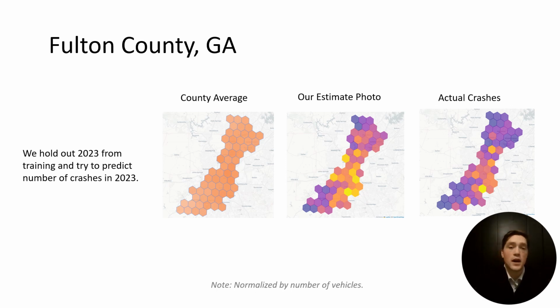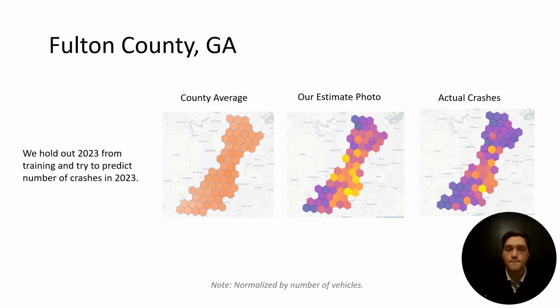Then we make a prediction on what 2023 will look like, which is our prediction right there, the middle image, and the actual crashes that you see. Now, in this, we normalize by the number of vehicles, and you can see our prediction very closely matches the actual crashes that did occur.